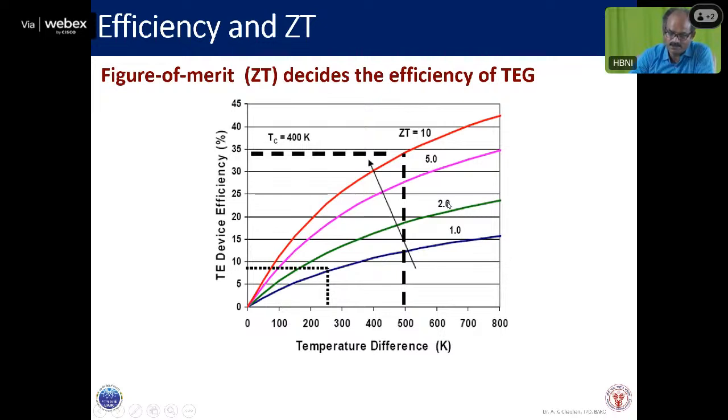If the ZT value is more and more, then accordingly the efficiency is going to increase. So for a temperature difference of 500 degrees centigrade, if the ZT value of the material is, suppose, 10, then you will get an efficiency of nearly 34%.